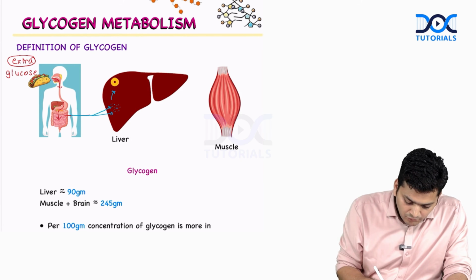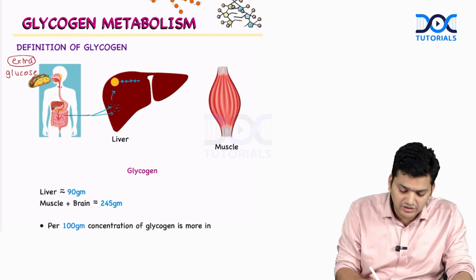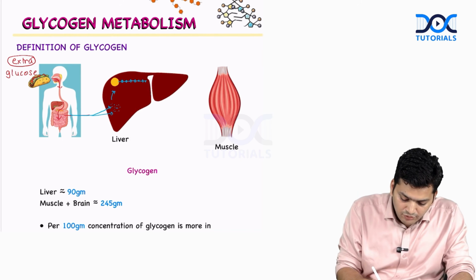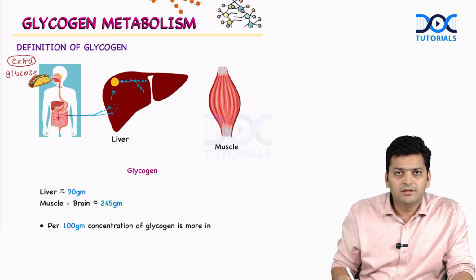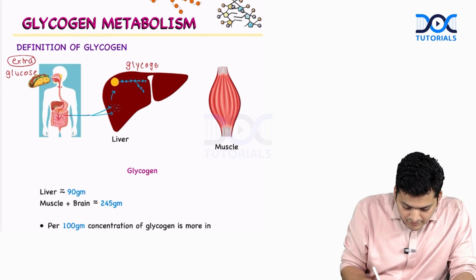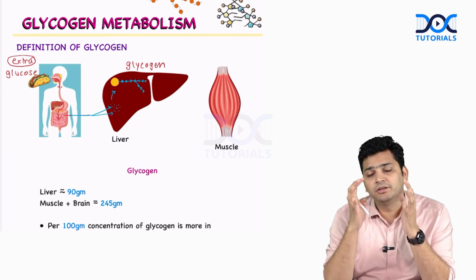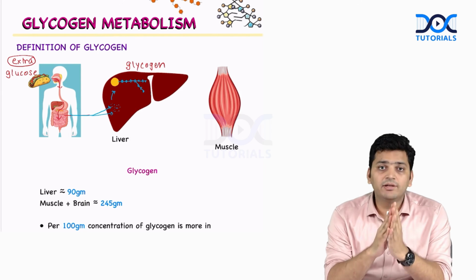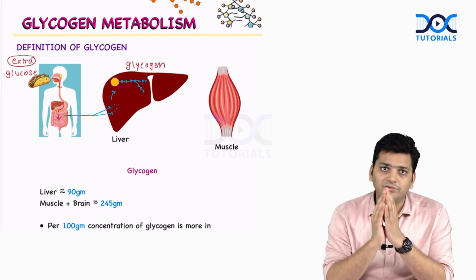On this special protein, we are going to attach these glucose molecules and make a large molecule. This large molecule is referred to as glycogen, and we are going to store our glycogen in the liver. So the liver is the one who makes the glycogen and stores the glycogen.